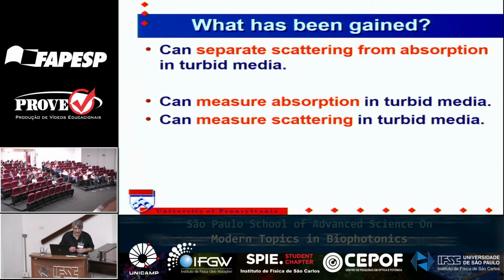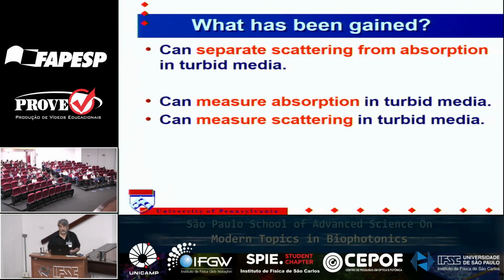Okay, so what have we gained? Well, we've gained, number one, that we can separate the absorption from the scattering, okay? That's a big gain. Once you do that, of course, you can measure the absorption, or you can measure the scattering. So you can learn something about the tissue, the concentration of the absorbers, the nature of the absorbers.